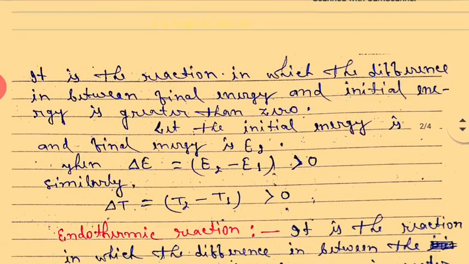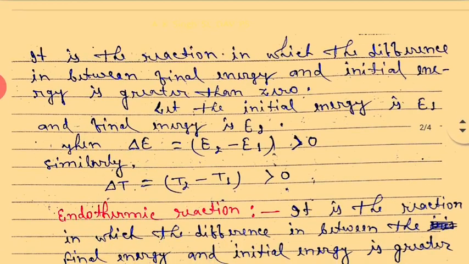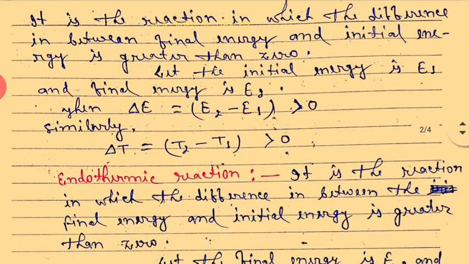Now other is endothermic reaction. But before endothermic reaction, again see the statement of exothermic reaction. Definition you have read. It is the reaction in which the difference in between the final energy and initial energy is greater than 0.